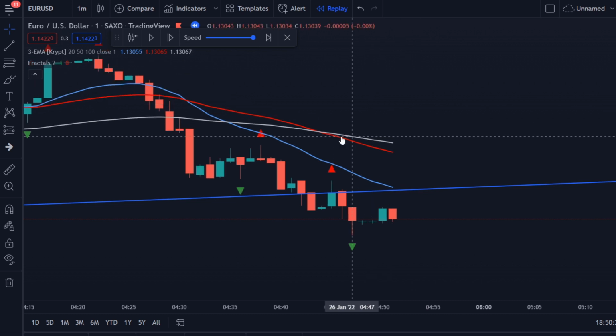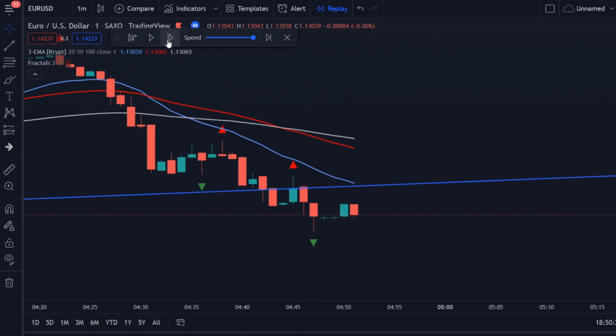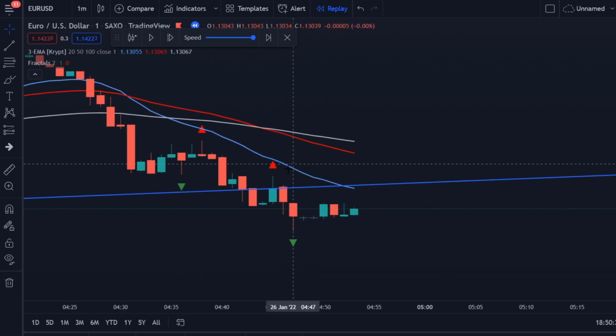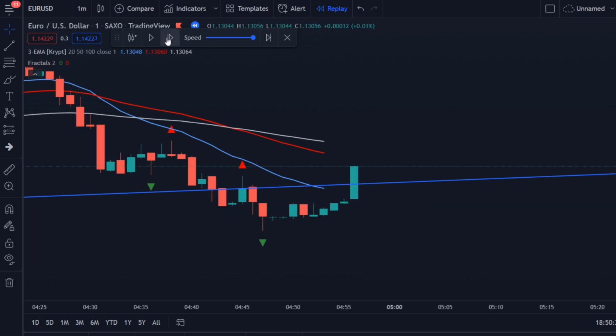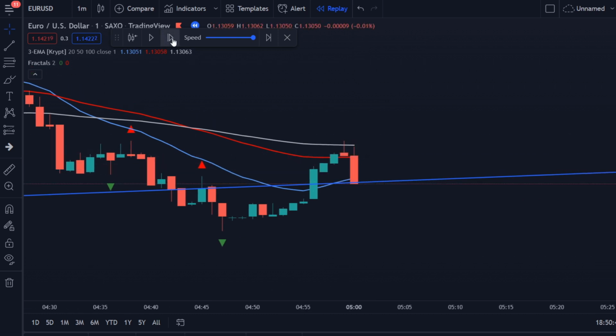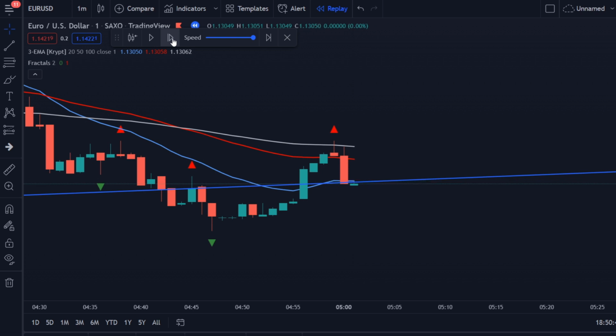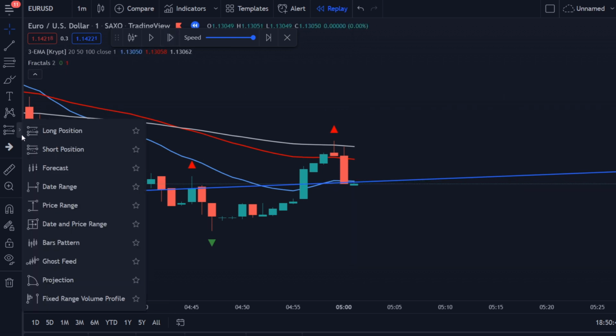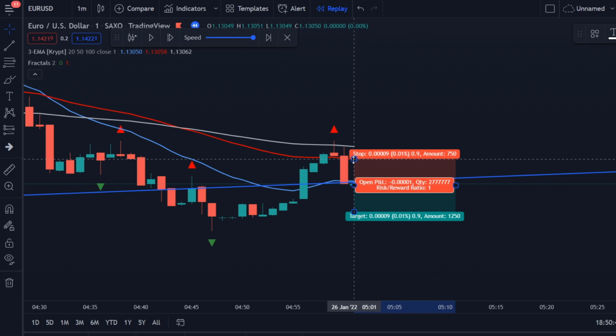Alright, but let me show you even more examples. Over here we're now in a downtrend, and we wait for the price. As you can see, it crossed the 20 exponential moving average. So now we're waiting for our fractals sell signal, which is about here, and then we simply take the trade. We place our stop loss.